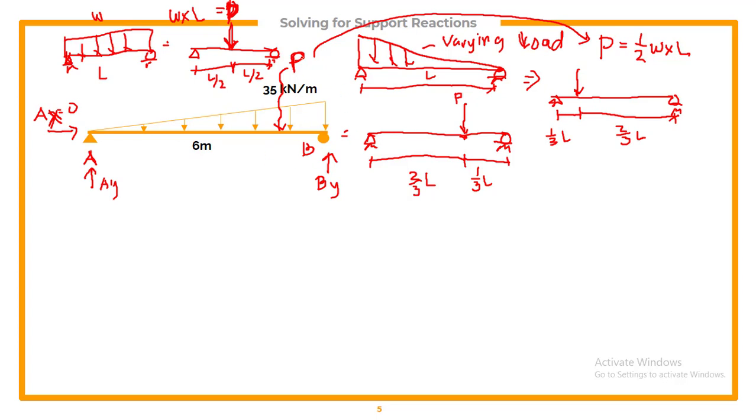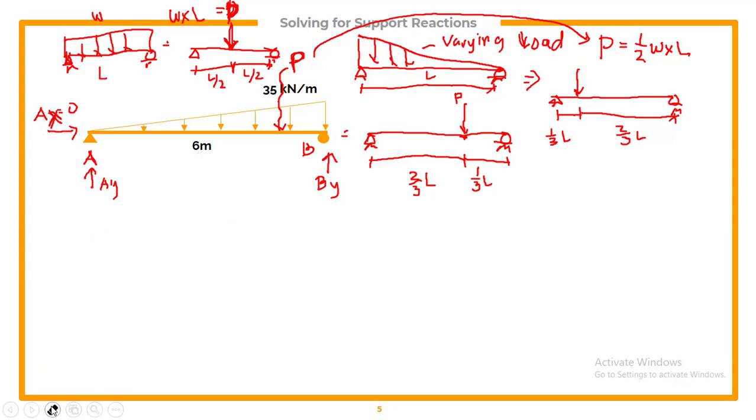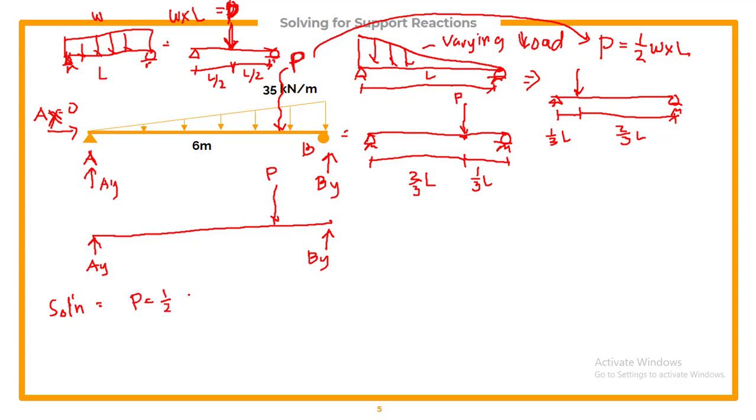Okay, so in this given, let's transform this into a point load. I'm sorry for erasing this. So let's form. Then this is Ay, and this is P. So solution: P is now 1/2 times W. What is the W?